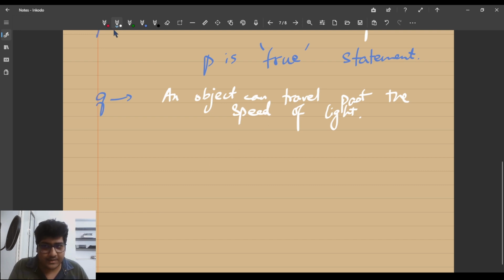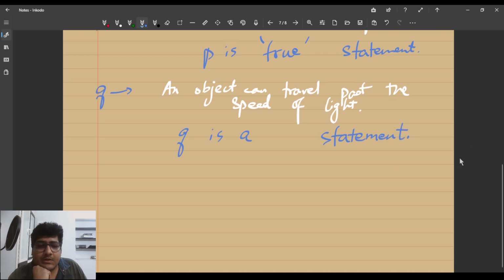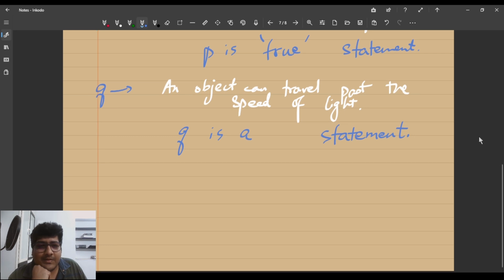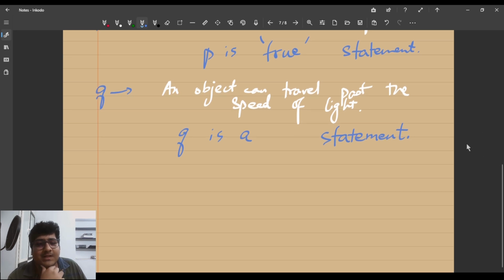So yes, again yes, Q is a statement because either an object could travel past the speed of light or it can't. No matter what, it will still be a statement. I'll write a statement with a gap because I'll fill in true or false. So now is it true or is it false? Well, we know that the speed of light is the maximum speed something can attain.